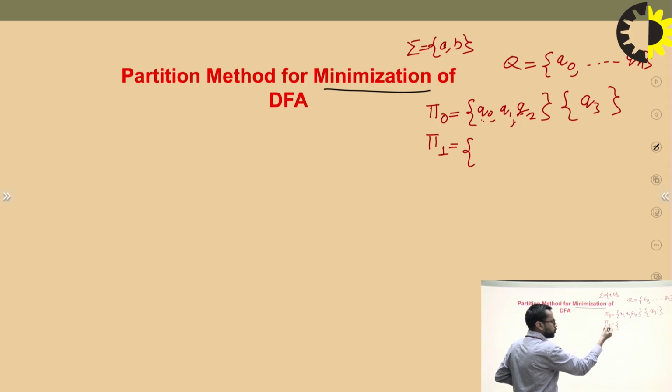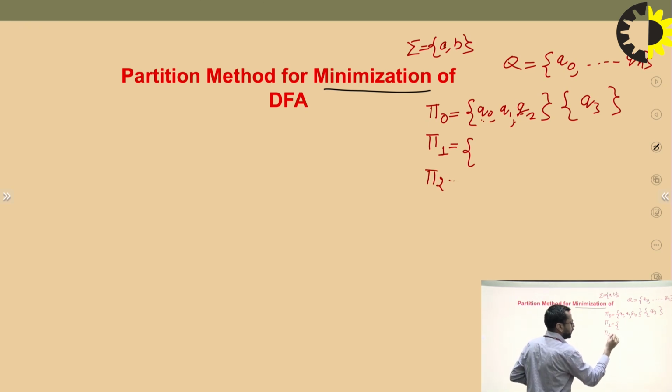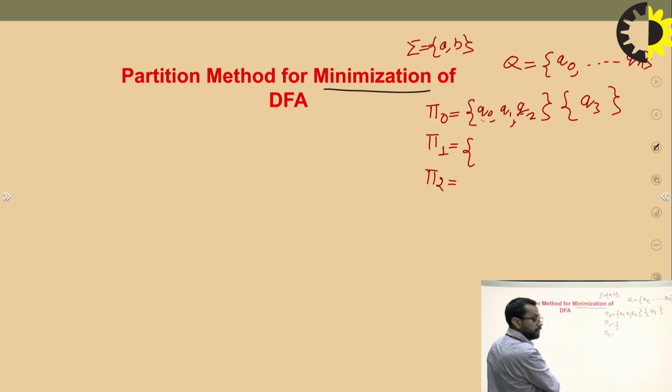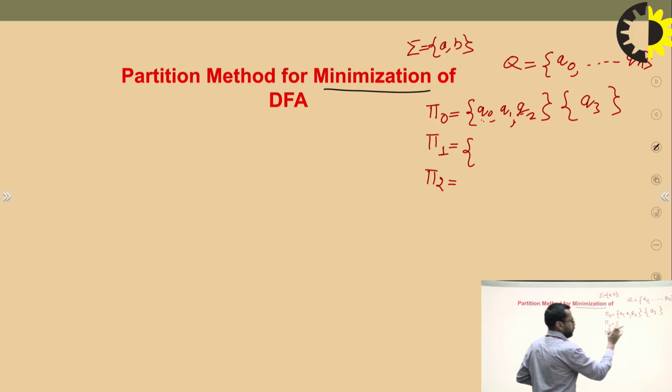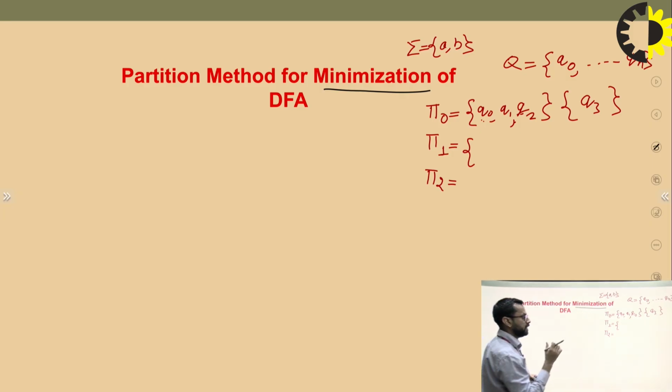Firstly, we calculate pi 1, that is the first equivalence. The next one is pi 2, the second equivalence, which is calculated from the values of pi 1. The pi 1 contains a number of sets, and the sets contain some states.